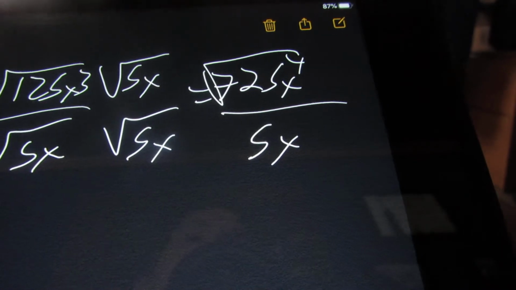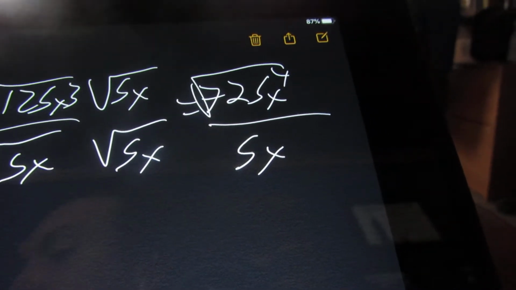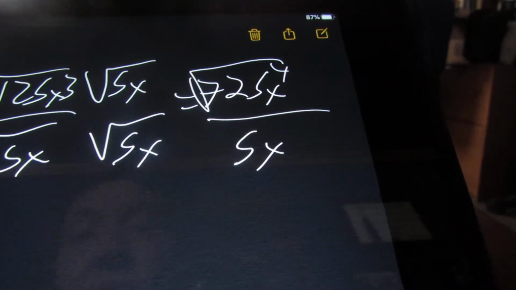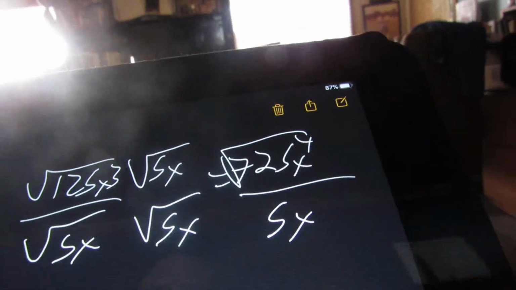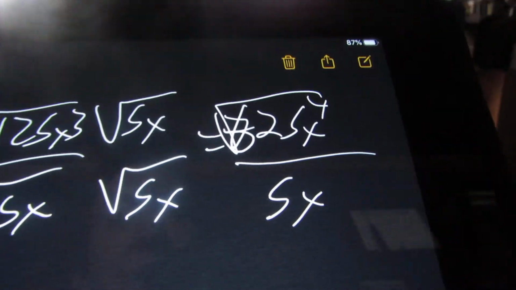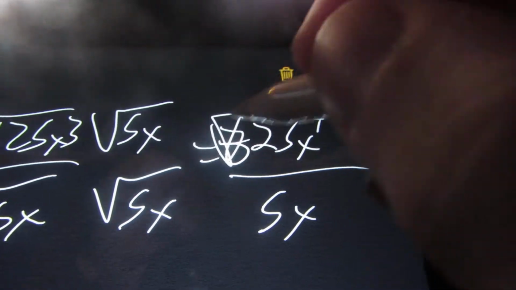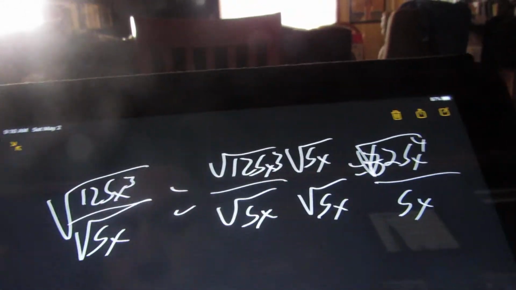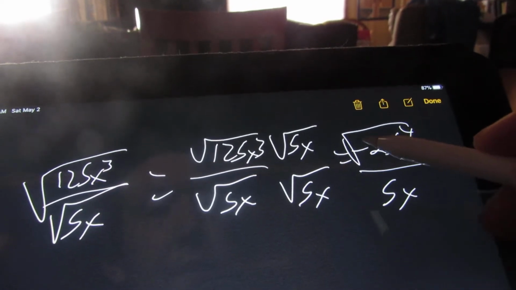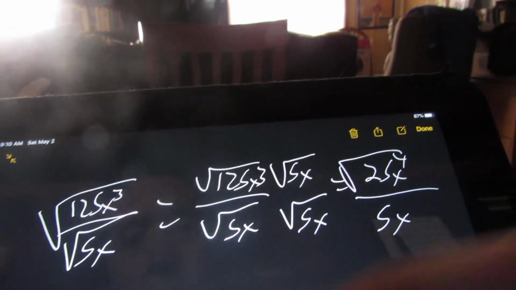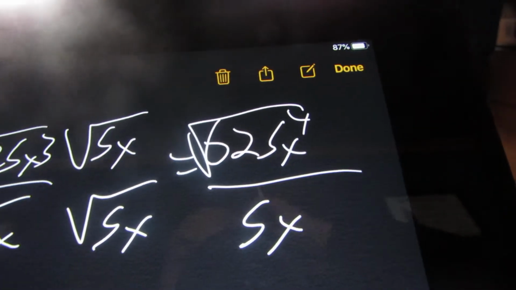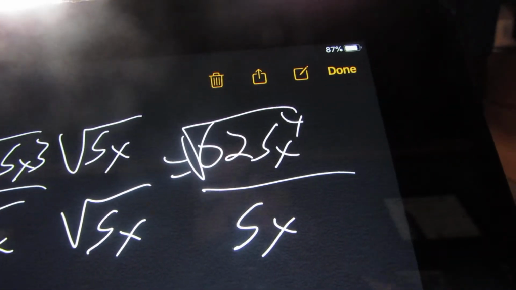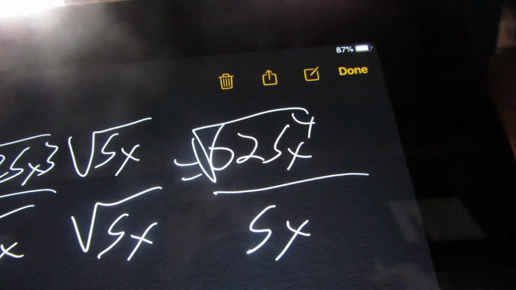And now we have to find a perfect square that goes into 725. Actually, that's 625. Okay, let me rewrite this so that we can read it. What we have here is square root of 625 x to the 4 over 5x.